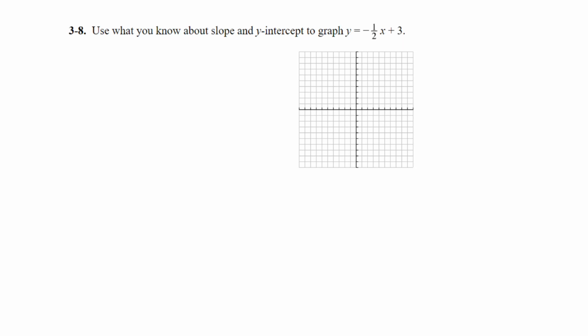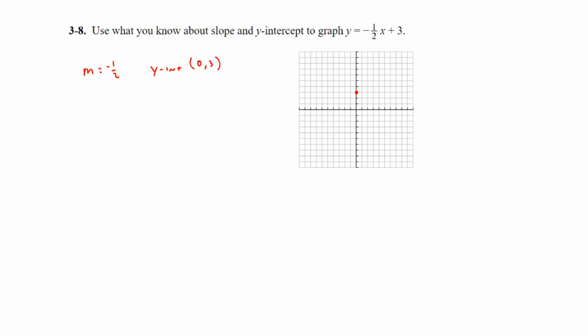Alright, on the next one here, 3-8, we have a review question. Use what you know about slope and y-intercept to graph. So what do we know about slope and y-intercept? Well, we know the slope is what's being multiplied by the x value, or the coefficient. So that's negative 1/2, and we know the y-intercept is the starting value, which would be at 3. So we would graph 0, 3.